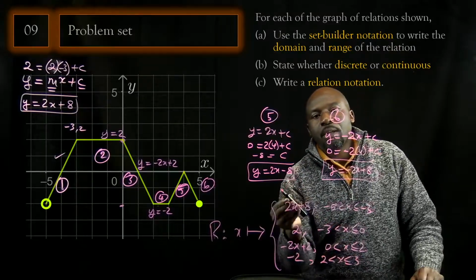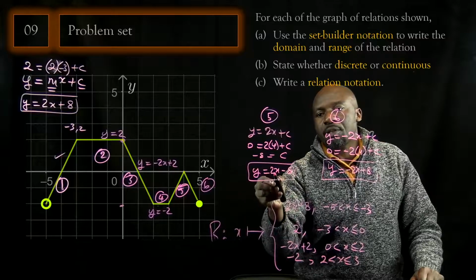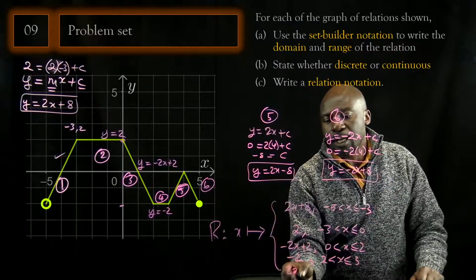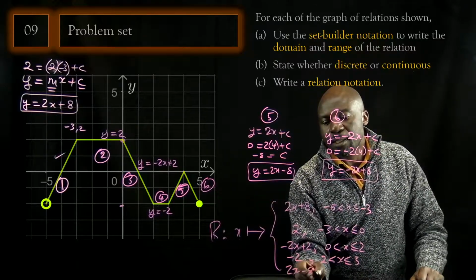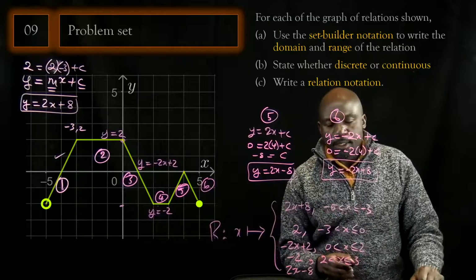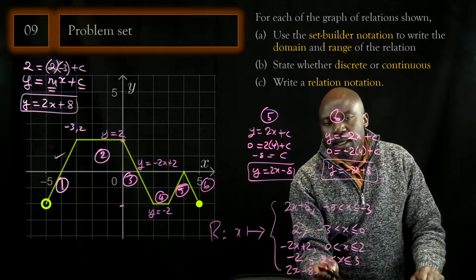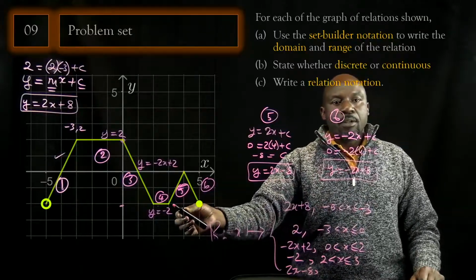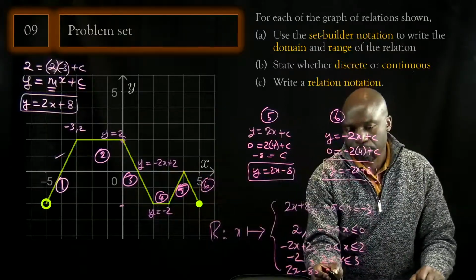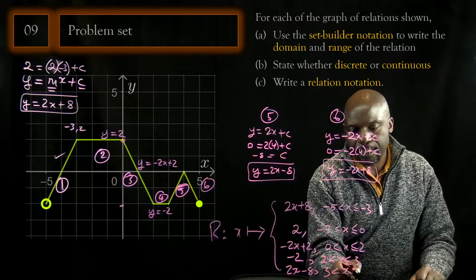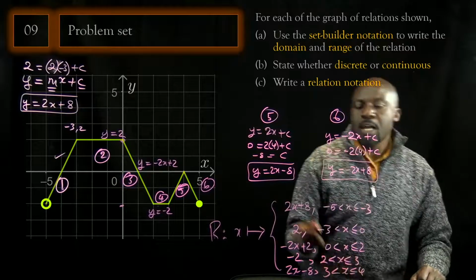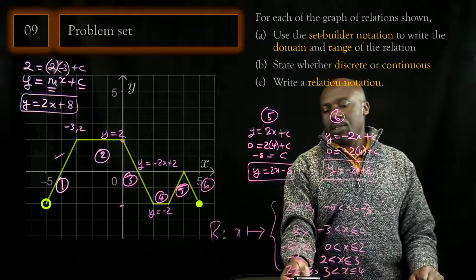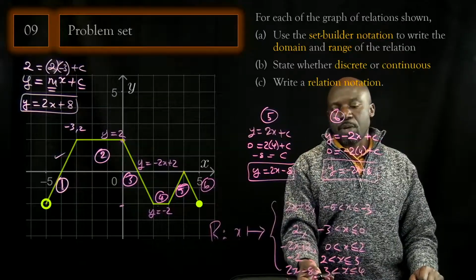2 more to go. The next one there is line 5, which is this one here. We say 2x minus 8. You can still see that? Yes. So this starts from line 5, 3 to 4. 3 is less than x is less than or equal to 4. And then the last one, I'll just write it here. There's not enough space.